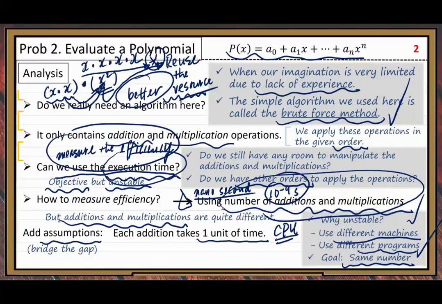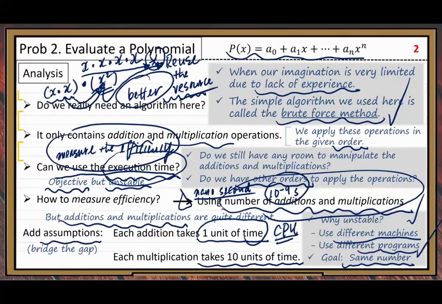So here, the explicit time is not important. We just treat that time as 1 unit of time. Then, how about multiplication? In our assumption, one multiplication operation in CPU takes approximately 10 times that of an addition. 1 to 10 ratio.